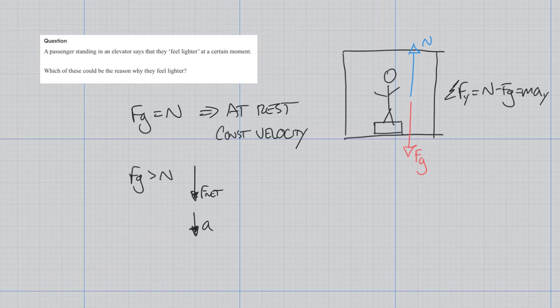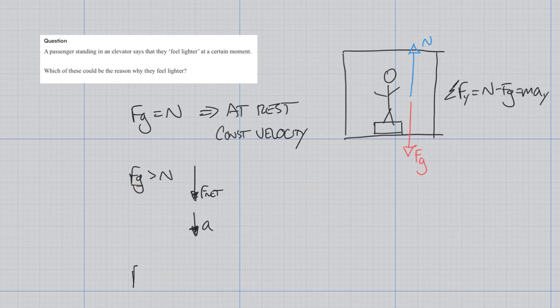In this case, the scale is going to read less than the person's weight. So that would be an instance where the person feels lighter. The scale is reading a smaller number than the actual weight of the person.